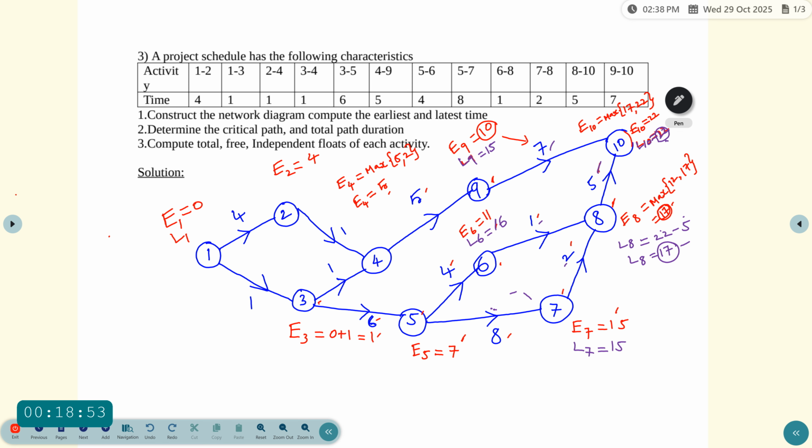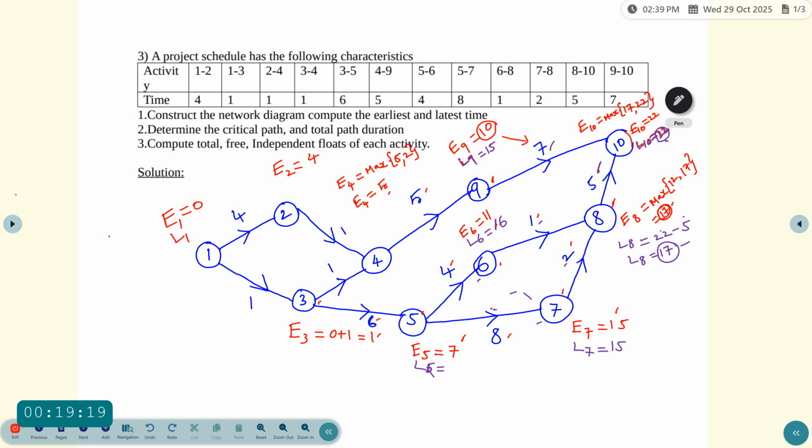So next go to the fifth event, L5. See the event L5, there are two events: first one 7 and then another one 6.